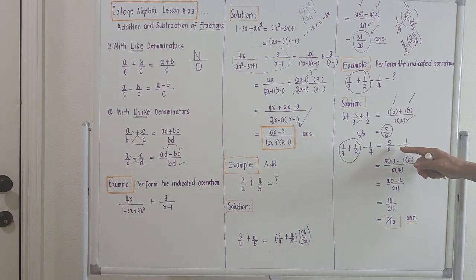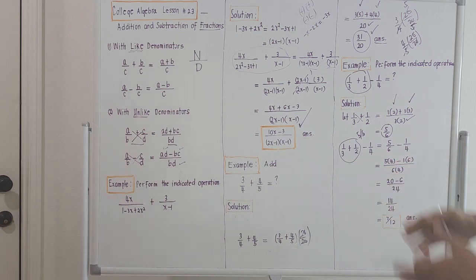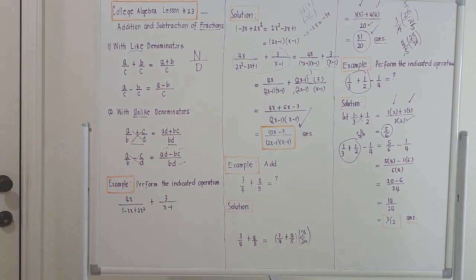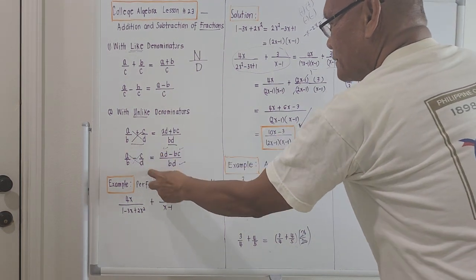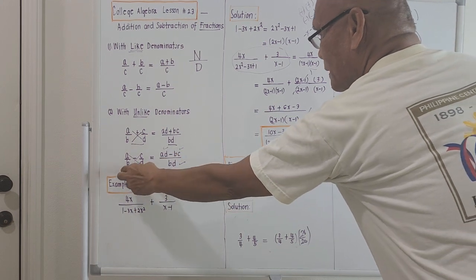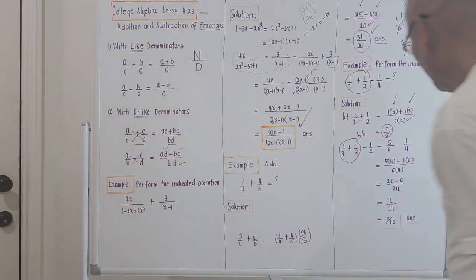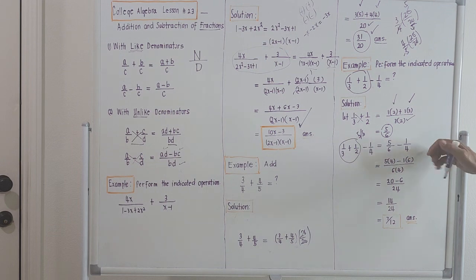Again, the operation is subtraction, and if we inspect the denominators, they are different. So if we simplify this one, we use this one. It should be the product AD minus BC all over the common denominator BD. So 5 times 4, minus 6 times 1.